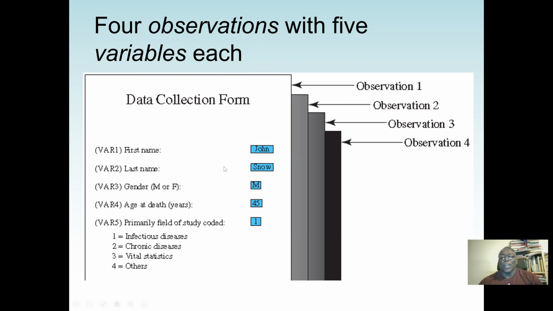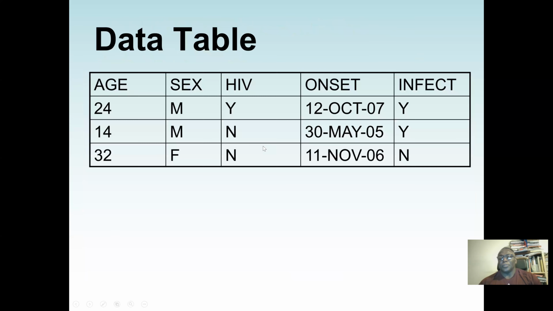So again, here we have what we call the observations, which are the patients. The variables are the first name, last name, etc. And the values are what the variables store. So this is an example of a data table. Again, an observation will be the whole row. So we have age, sex, HIV, onset, and infect.